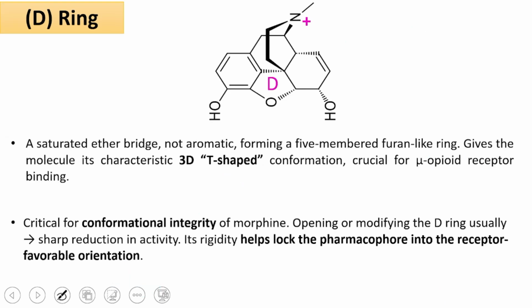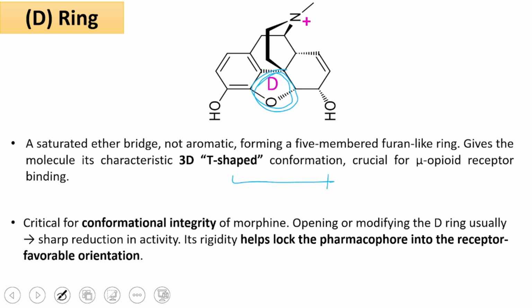Coming to the D ring, the tetrahydrofuran ring. It is a saturated ether bridge forming a 5-membered furan-like ring, which gives the molecule its characteristic 3D T-shaped conformation.